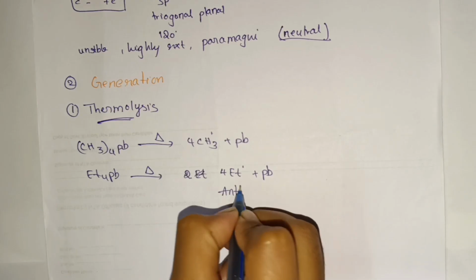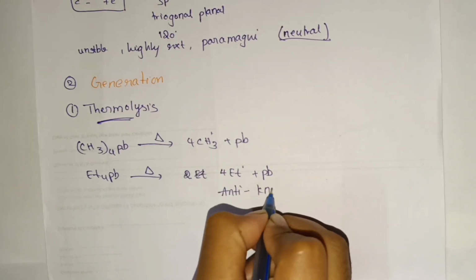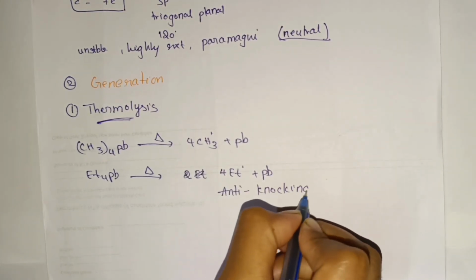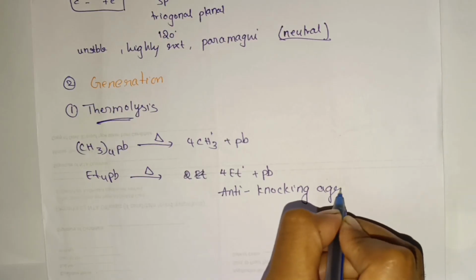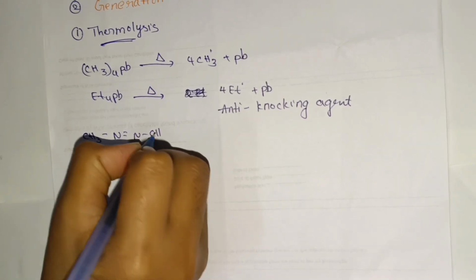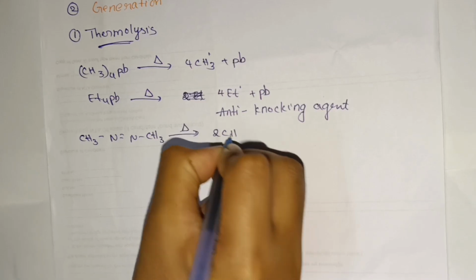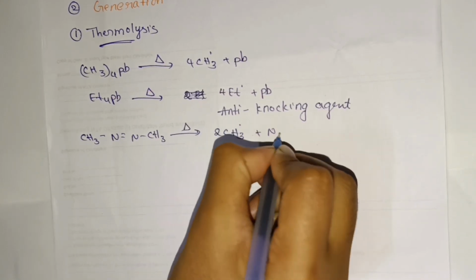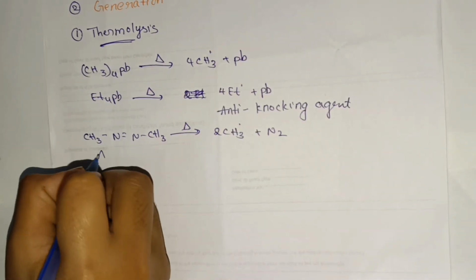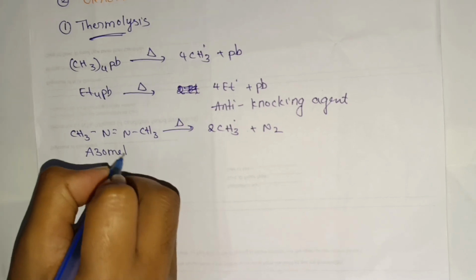This is called an anti-knocking agent. Azomethane: in presence of heat, it forms free radicals like this plus N2. This is azomethane.